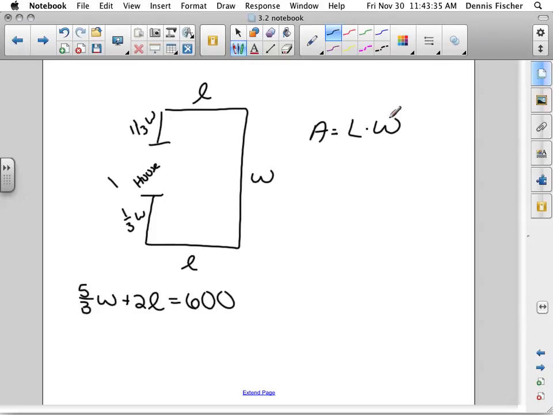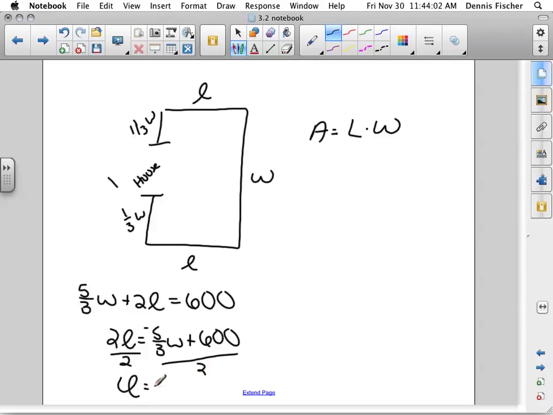When I set it up, I got this in my equation. I went 5/3, but it's 1 and 2/3. Right? 1 and 2/3 W plus 2L equals 600. You probably got L by itself again. 2L is equal to negative 5/3 W plus 600. Divide by 2.